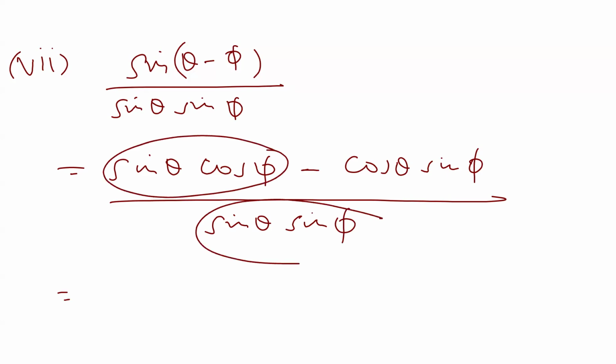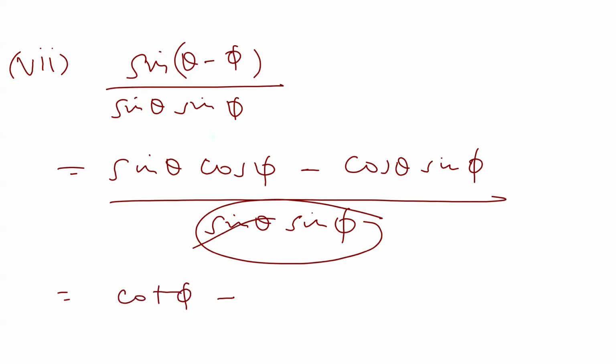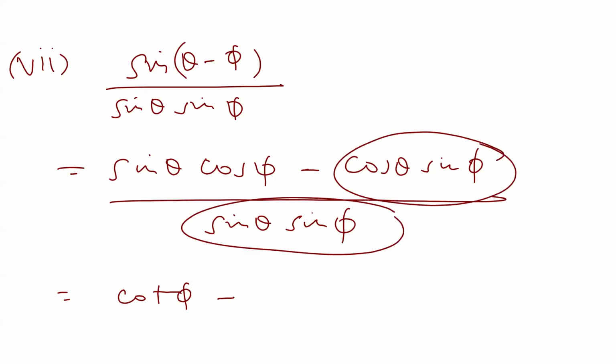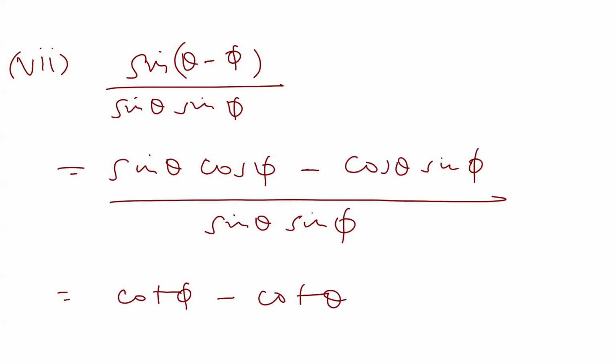Okay, so this upon this, sin is getting cancelled. Cos upon sin is cot phi minus this upon this. Sin phi is getting cancelled. Cos theta upon sin theta is cot theta. So this is equal to your RHS. Let's go to question number 4.